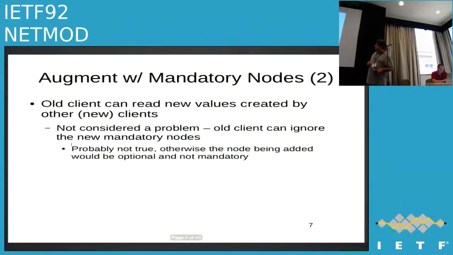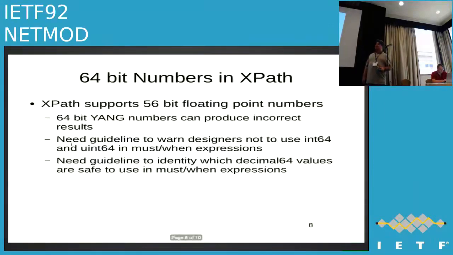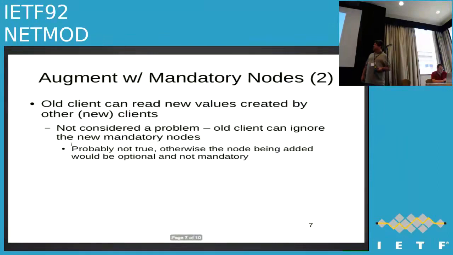Okay, next one. This is a second slide on this. I'm not so sure that it's actually safe for old clients to read the new values. The bullet there: if you're adding mandatory nodes, then can they really be safely ignored when you're reading the entry back?